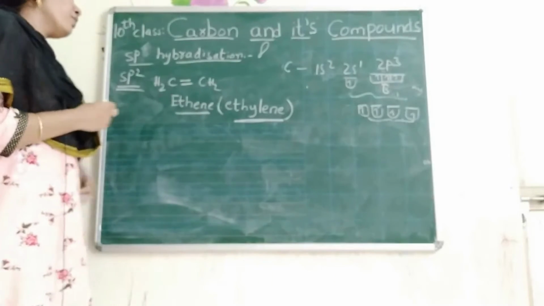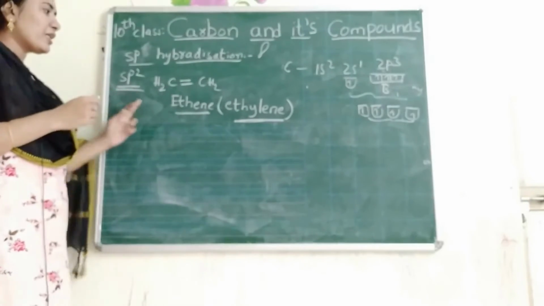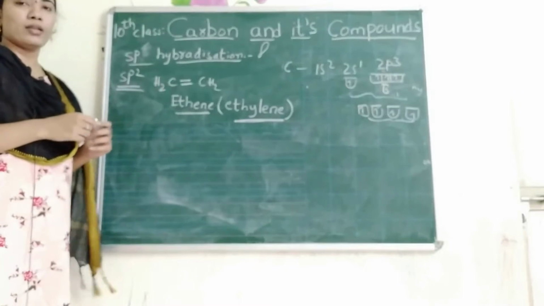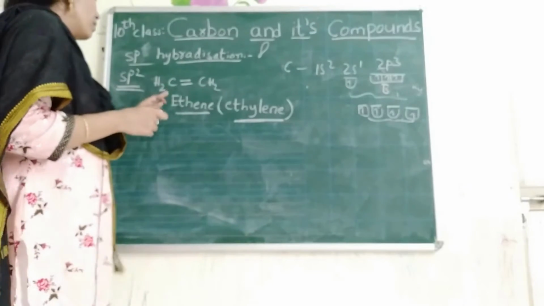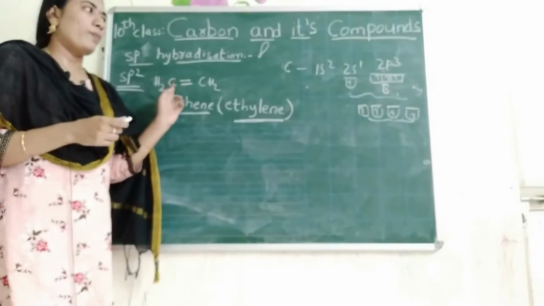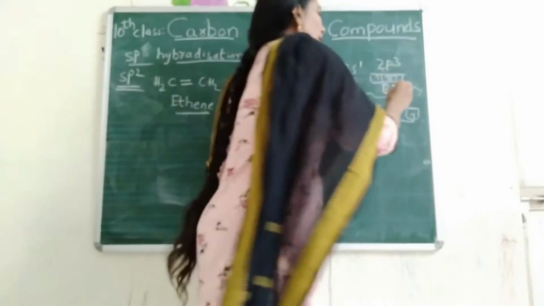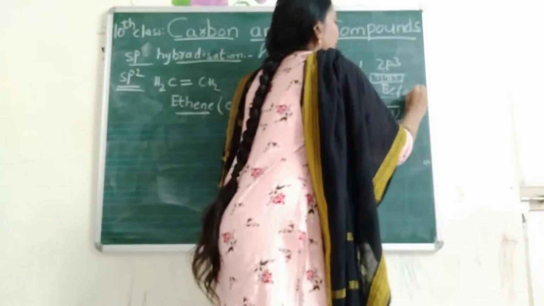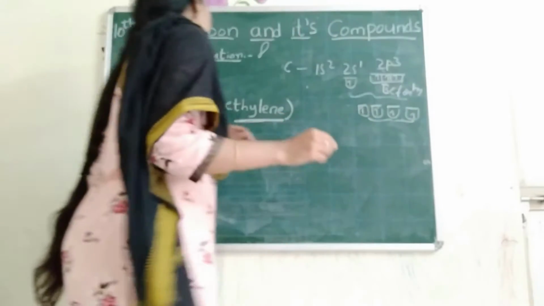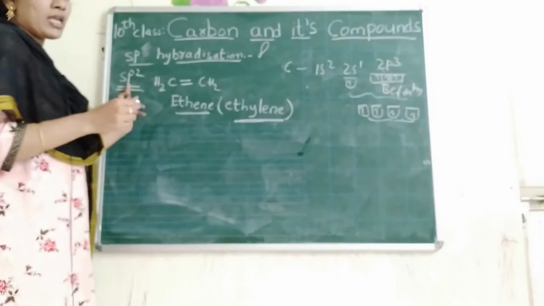Now we are going to discuss the sp2 hybridization of ethene. Again in ethene, what is the atom here? Carbon. The carbon configuration before hybridization is 1s2 2s1 2p3. Here we have to observe which hybridization this is. sp2.